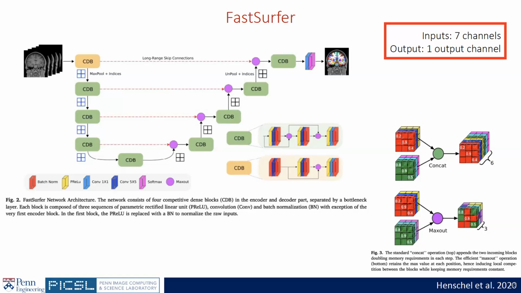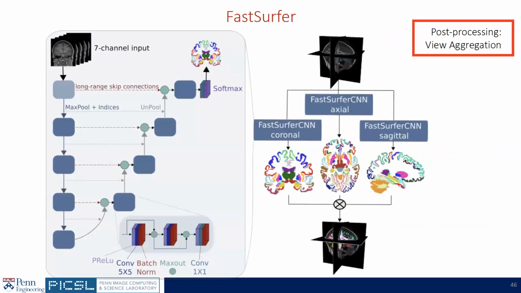In PyTorch, the channel would be 1 in this case, depth would be 7, and height and width would be 128, and I create the tensor. Cool. That was another architecture choice, which in their case worked better.